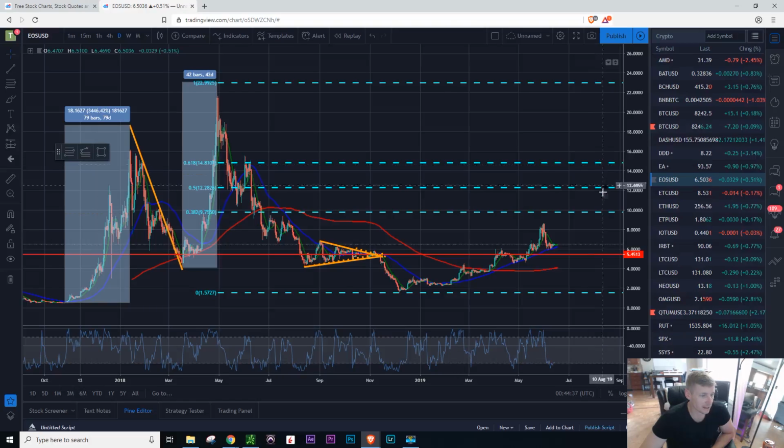1480 is a nice target in the medium term, interim. But really, let's be clear, EOS, I believe, is going to all-time highs. It might take some time. Hopefully the crypto market won't just be based on the whims of the market, fear and greed. Hopefully there will be some fundamentals coming in, and hopefully it's going to be the banks and other companies that are already entrenched, like IBM and Amazon.